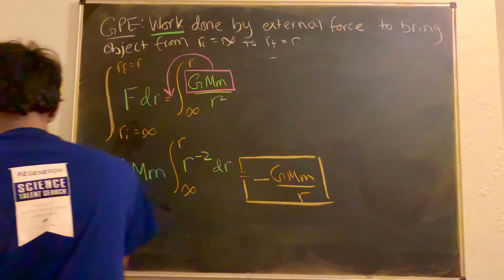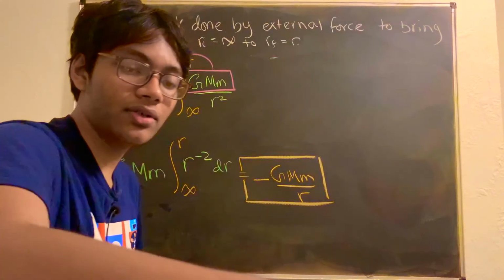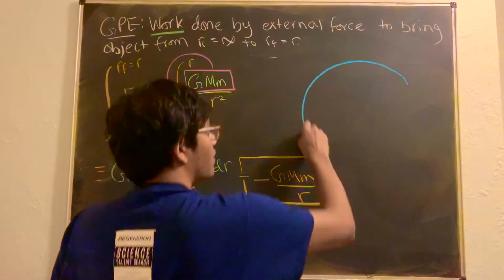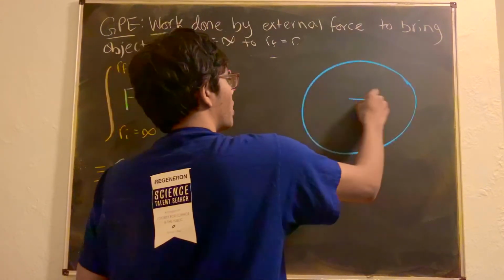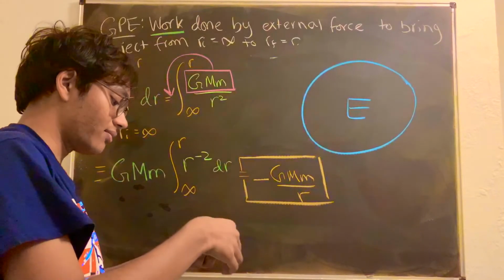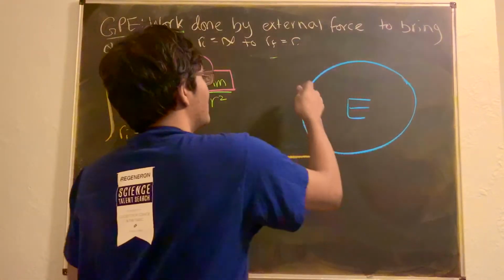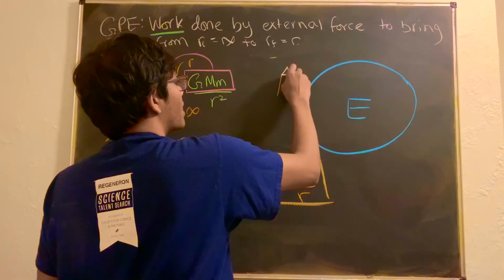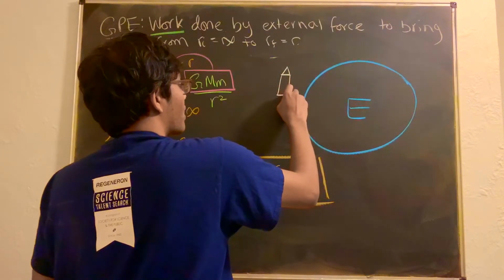So let's say I have the Earth right here. Here's my planet Earth, the big blue marble. And let's say I have some rocket out here in space on some kind of a circular trajectory around the Earth. Here's my rocket.